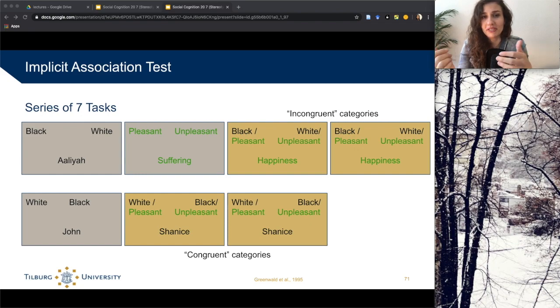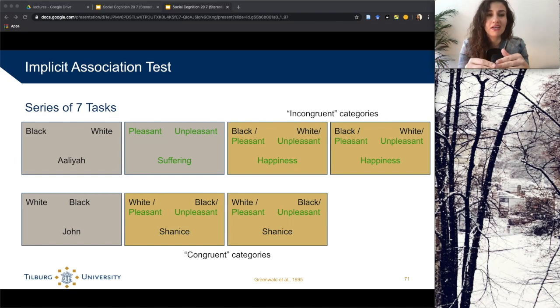It should be categorized in the pleasant option, right? But because of the racist belief that black people are unpleasant, or the negative stereotype associated with them, that would be an incongruent category.